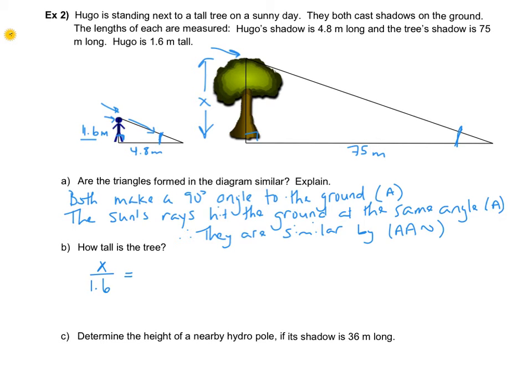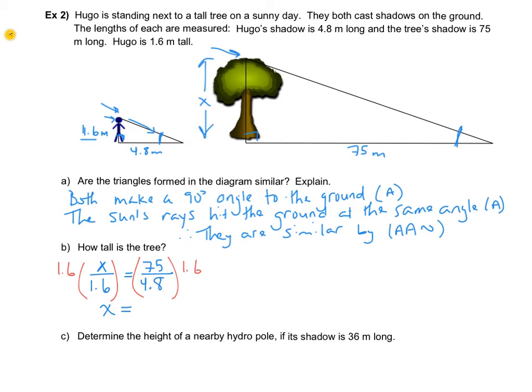The shadow of the tree would correspond to the shadow of Hugo. And now we just need to solve for x. The thing that's keeping x from being by itself is the divide by 1.6, so we can undo that. The opposite of dividing by 1.6 would be multiplying by 1.6. So I'm going to multiply both sides by 1.6, and that will solve for the tree's height.